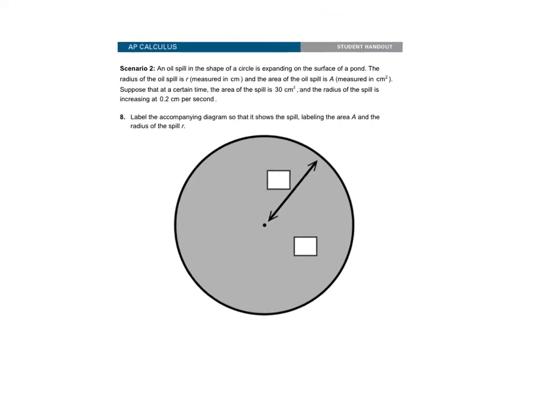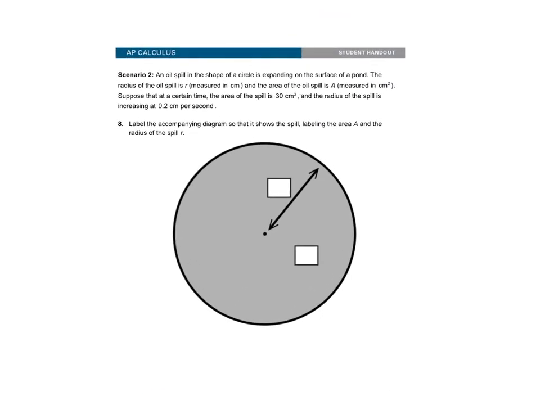Okay, scenario 2. An oil spill in the shape of a circle is expanding on the surface of a pond. The radius of the oil spill is r, and the area of the oil spill is a. Suppose that at a certain time, the area of the oil spill is 30 square centimeters. Keep in mind it's expanding, so that's just at some time. The radius of the spill is increasing at 0.2 centimeters per second.